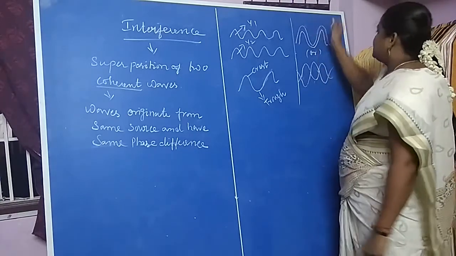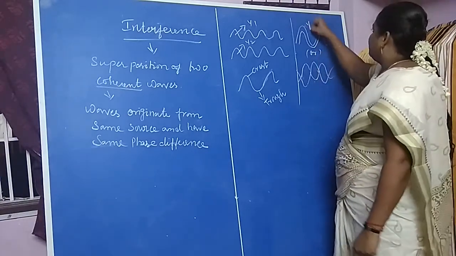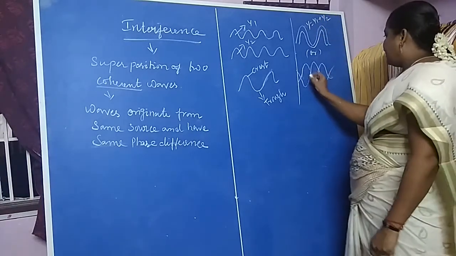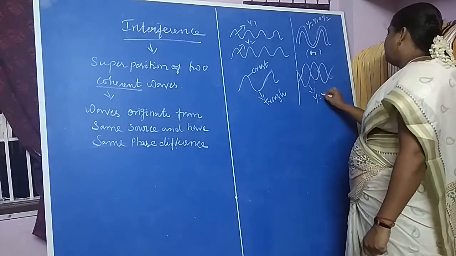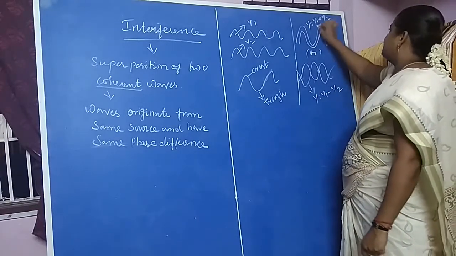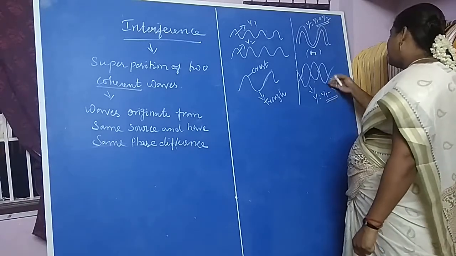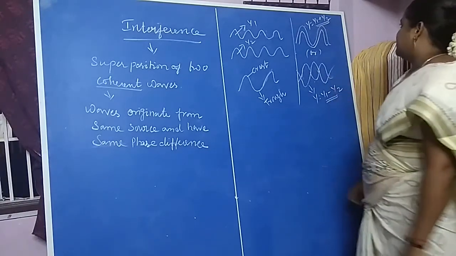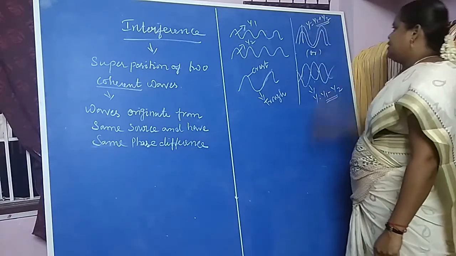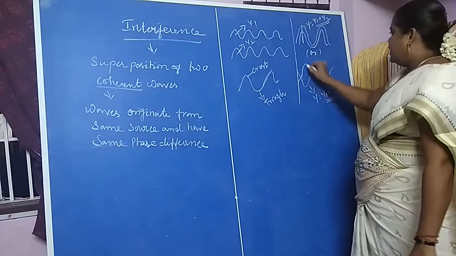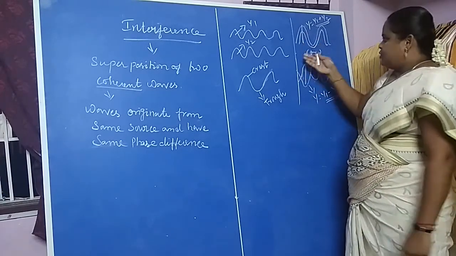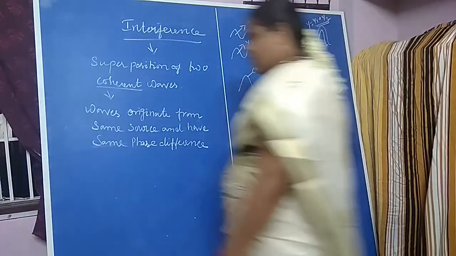In the first case, the resultant displacement y equals y1 plus y2. In the second case, y equals y1 minus y2. Here the displacements are algebraically added, and here the displacements are algebraically subtracted. In this case, we will get the maximum intensity of light waves. Here the intensity of the wave is minimum. So according to this, we have two types of interference.